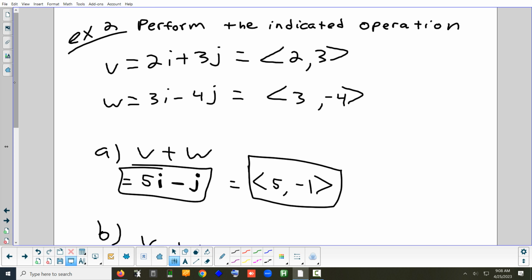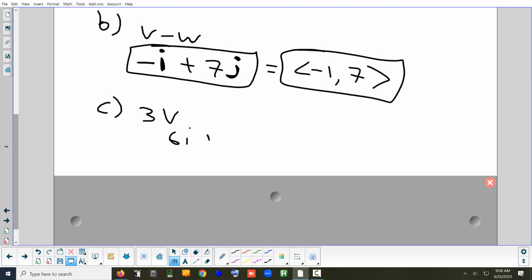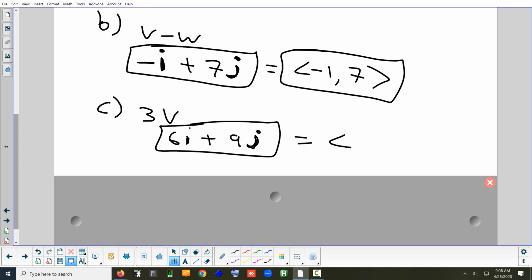So 6i is the horizontal, and 9j is the vertical. It's like a distributive property to each number. And if you wrote that with the angle brackets, it would be 6, 9.